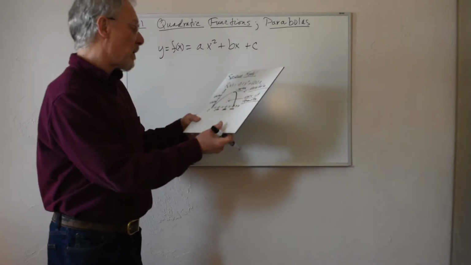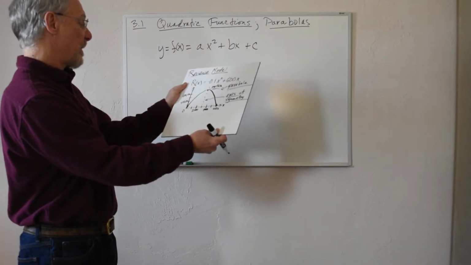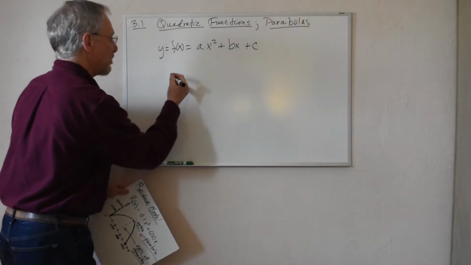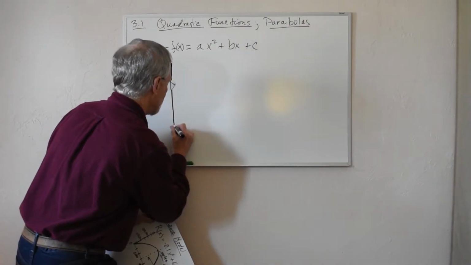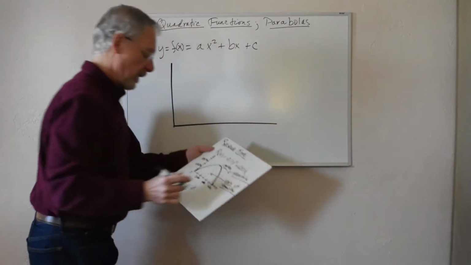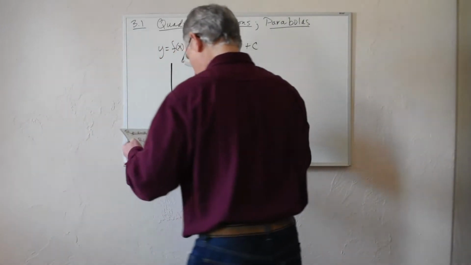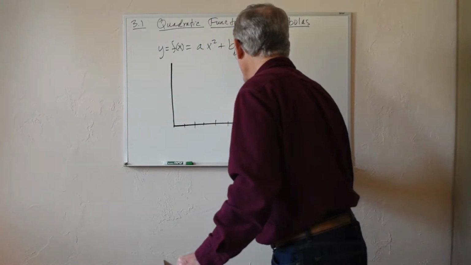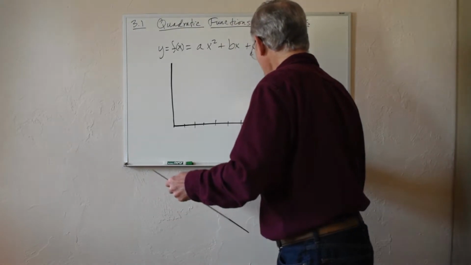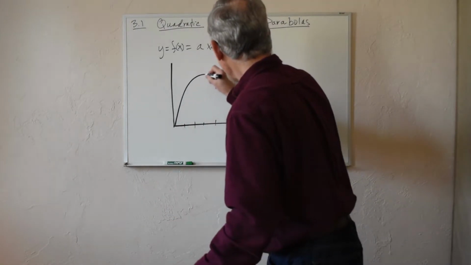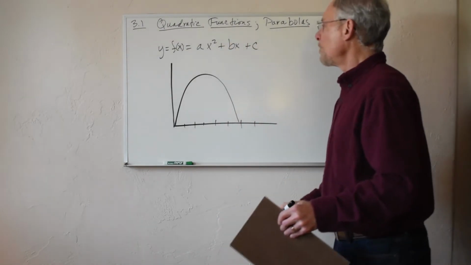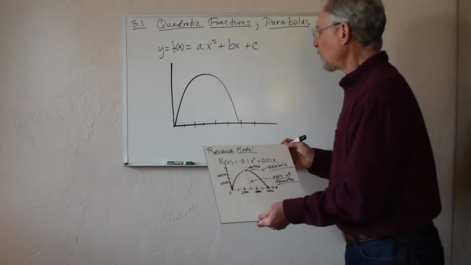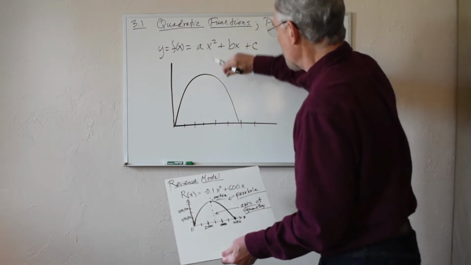Let me just explain what the rest of this diagram is here. The graph of a quadratic function always has this shape. And this is right in your textbook. That shape is a parabola. Now in this case, we say the parabola opens downward.